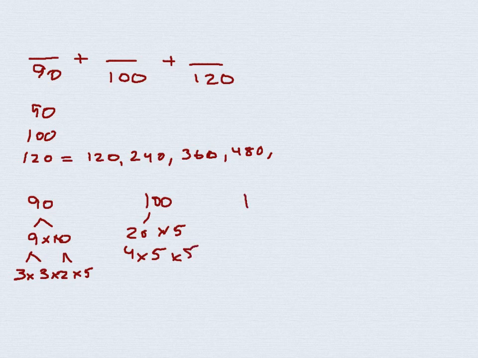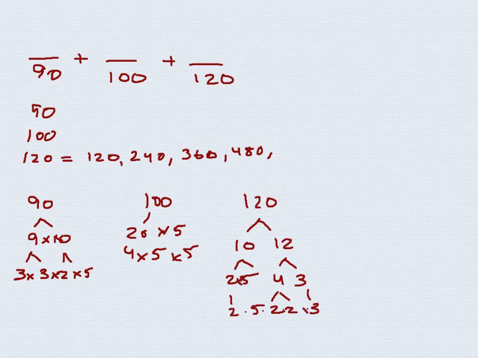And 120, let's do 10 and 12. So 10 is 2 and 5. Sorry for the mess. Hard to write on this iPad. 12 is 4 and 3. 4 goes down to 2 and 2. So you have 2 and 5 and 2 and 2 and 3.